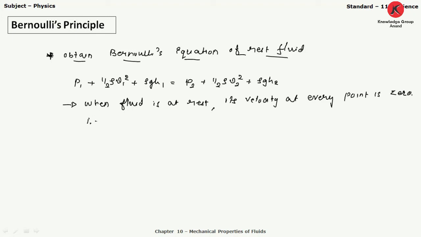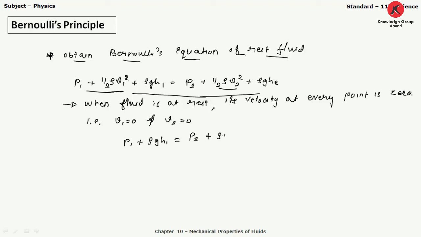It means V1 equal to 0 and V2 equal to 0. So put V1 equal to 0 and V2 equal to 0 in this equation, then the equation becomes P1 plus, this term is 0 because velocity V1 is 0. So the equation is P1 plus rho g h1 equal to, this term is also 0, P2 plus rho g h2.